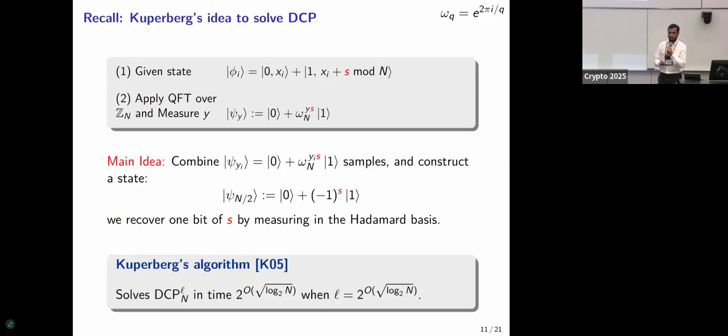Kuperberg's algorithm is sub-exponential, and it needs a sub-exponential number of samples, because we start with a sub-exponential number of samples, we combine them and make the last square root of log n entries 0. Since the depth is also square root of log n, the total number of initial samples we need is sub-exponential.